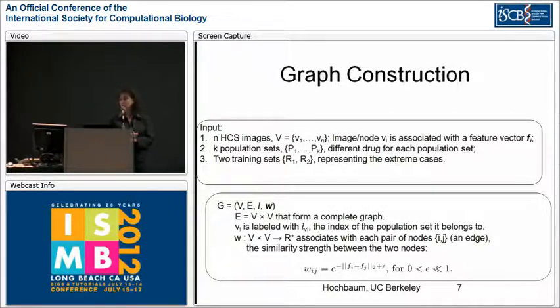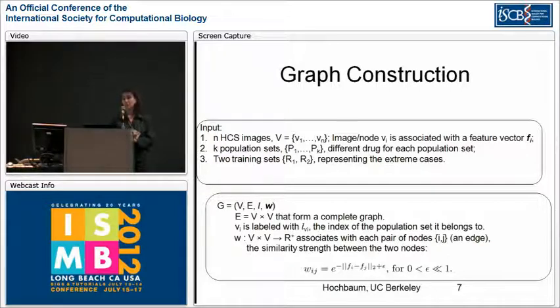Then we have so-called two training sets. The algorithm needs to get some information about what's considered intact and what's considered fragmented. For this purpose, we have training sets that we call R1 and R2 that represent those extreme sets.